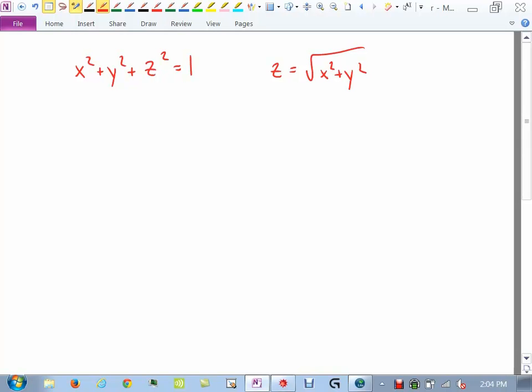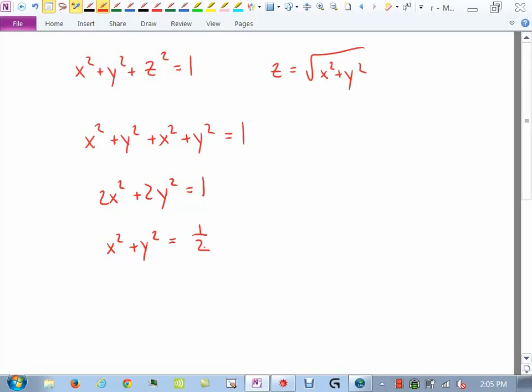So to figure out where those two meet, you have 2x squared plus 2y squared equals 1, which means x squared plus y squared is 1/2, right?